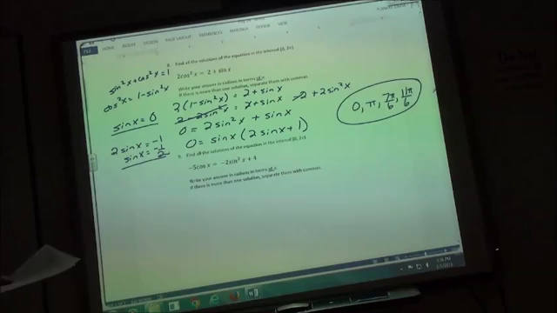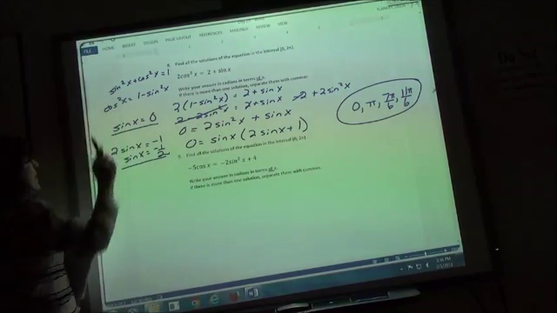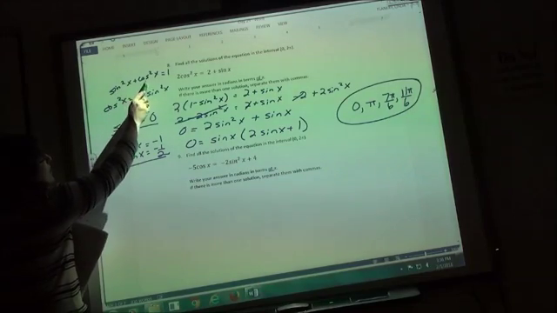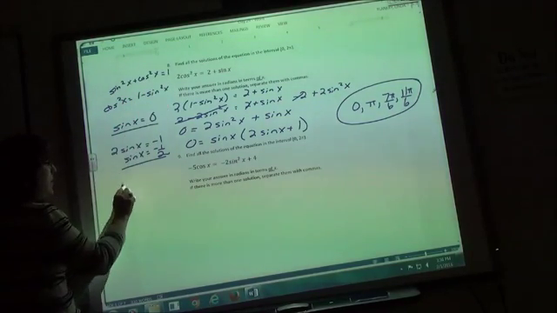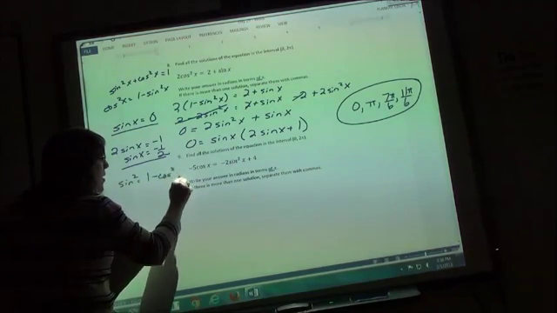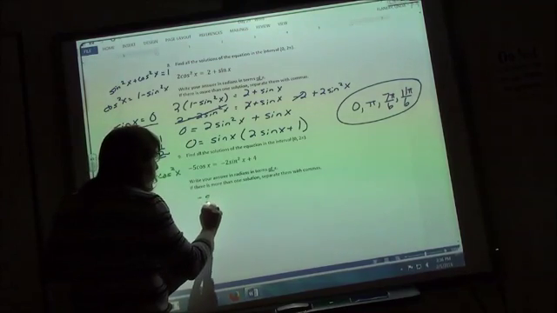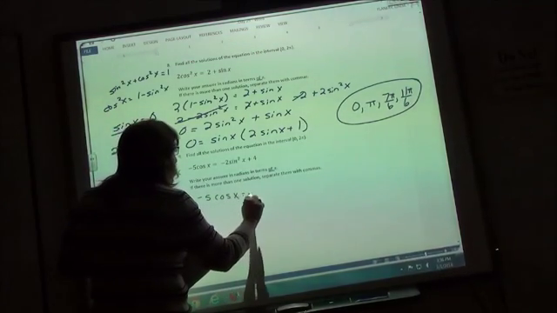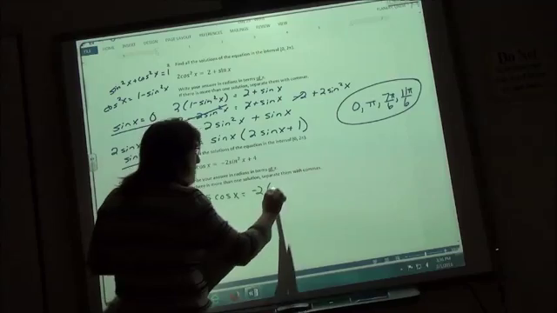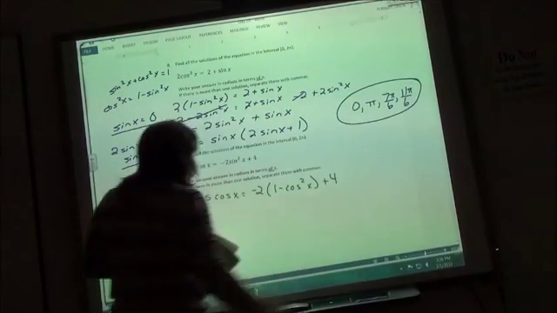Number 9. This time I have a sine squared. So again, thinking about sine squared plus cosine squared equals 1, the sine squared would equal 1 minus the cosine squared of x. And so I'm going to have negative 5 cosine of x equals negative 2 times 1 minus the cosine squared of x, plus 4.